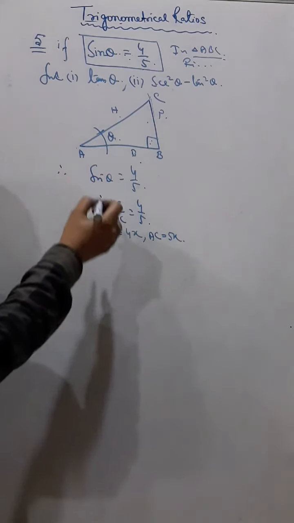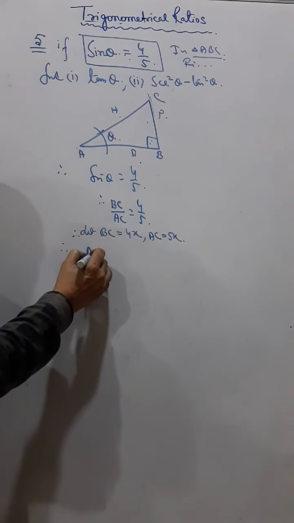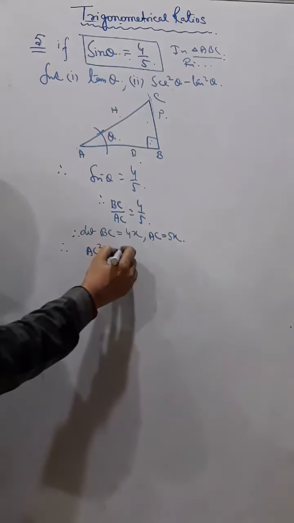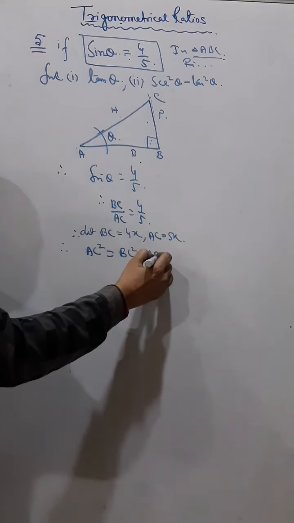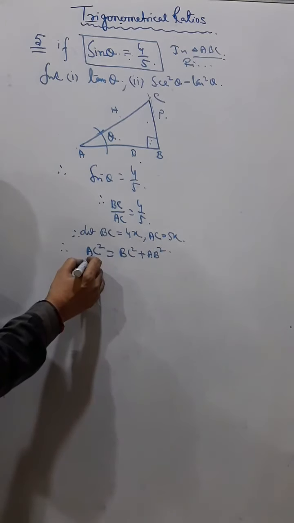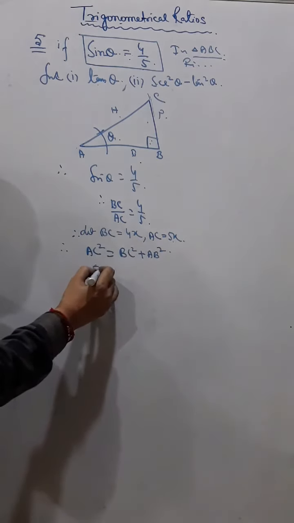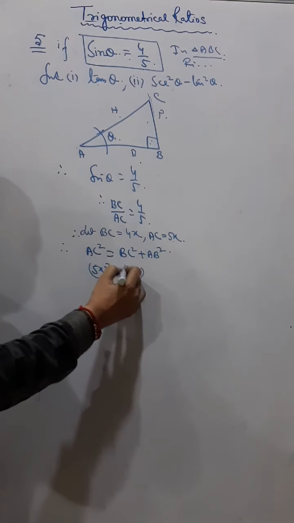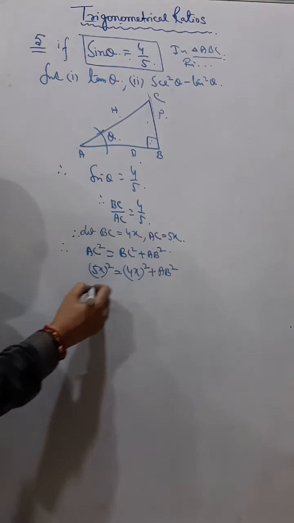Now you can use Pythagoras theorem: AC square is equal to BC square plus AB square. So AC square is 5x square, BC square is 4x square, and AB square.